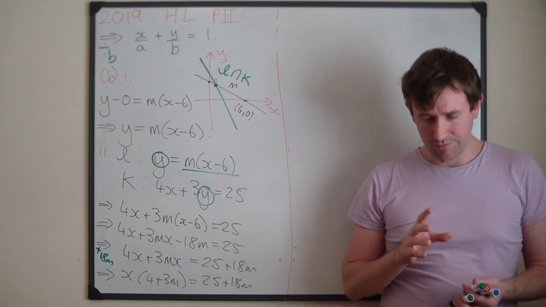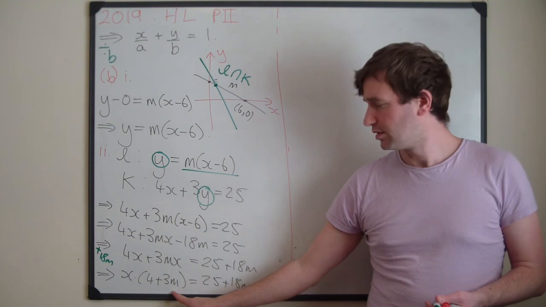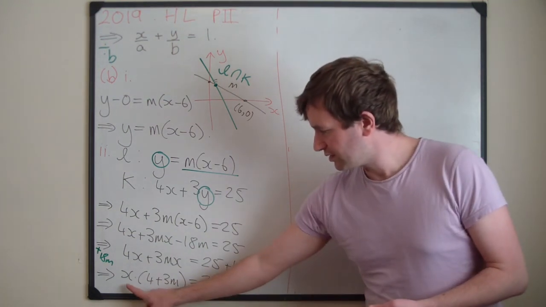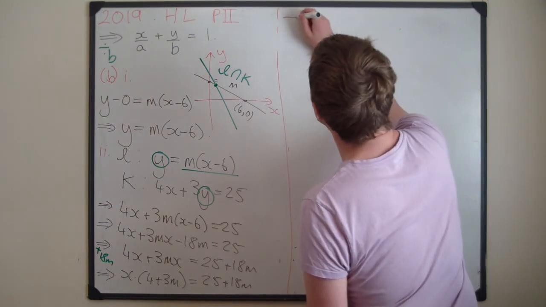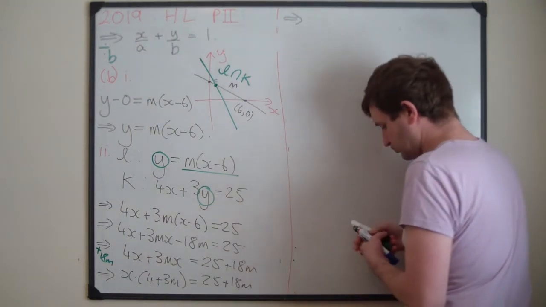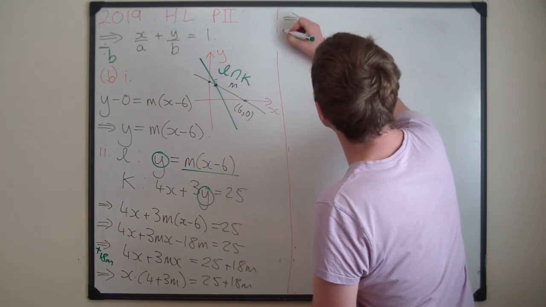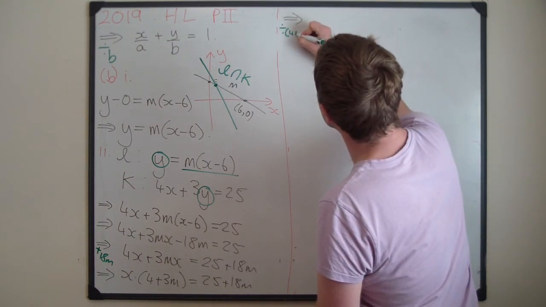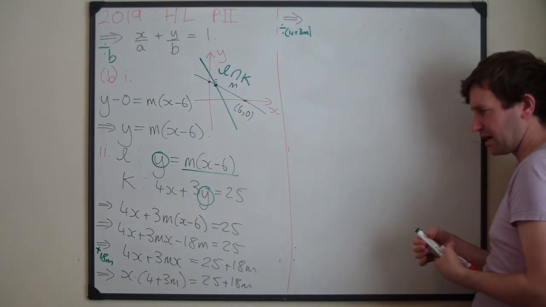But if this thing is equal to 0, I can't divide by it. I've got x multiplied by this, so I must divide by it, but I just must be careful that it's not 0.